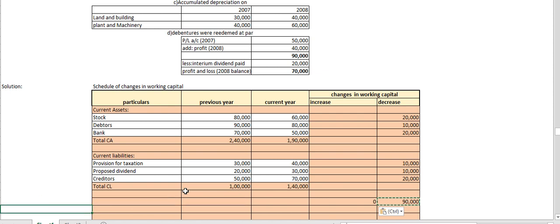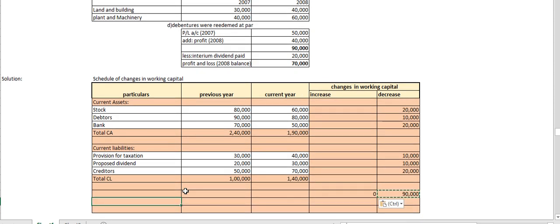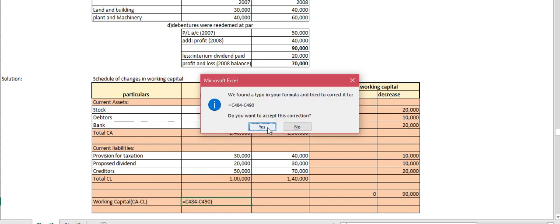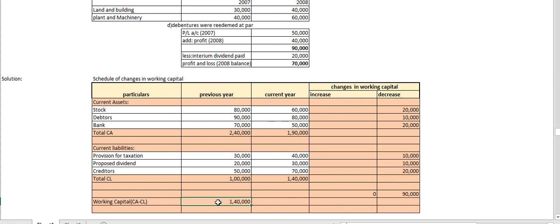Now we will calculate the working capital. Working capital is equal to current assets minus current liabilities. So your current assets are 2,40,000 minus 1 lakh, which gives you 1,40,000, and for the current year, your current assets minus current liabilities is 50,000.